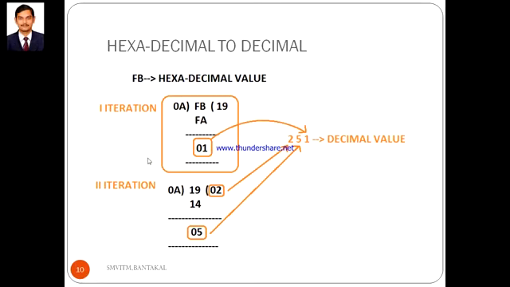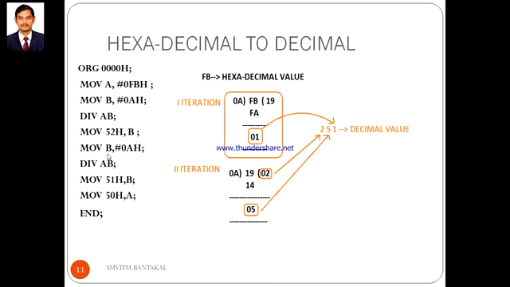So in this way, to implement this, let's look at the program and how we can code this. You can see here the direct data FB is considered, and it is moved to the accumulator. I am going to use the division instruction, DIV AB.